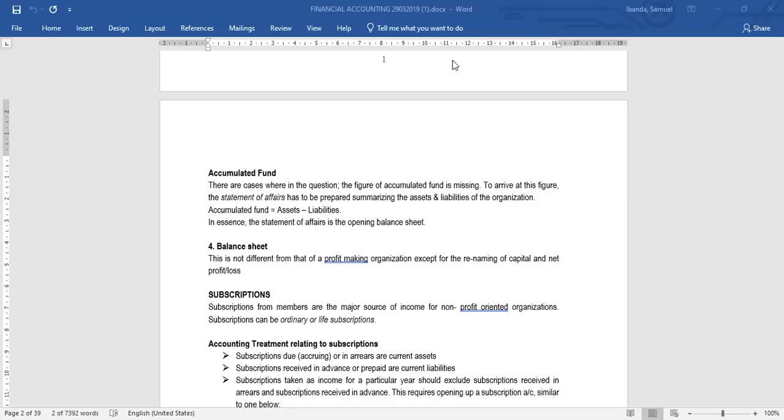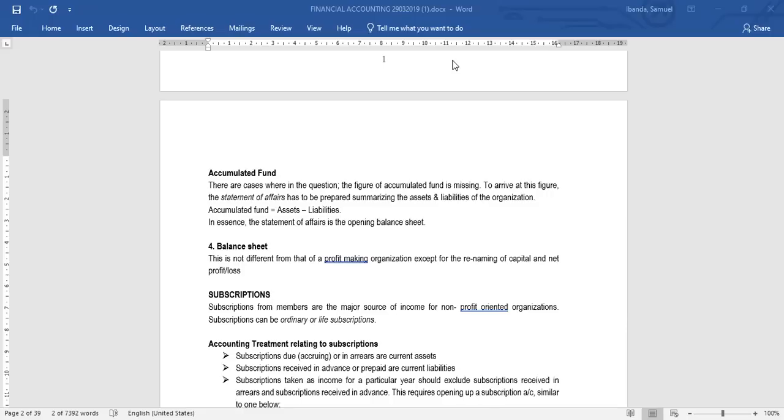Those that are annual or monthly, you can call them ordinary subscriptions, basically the subscriptions that relate to, let's say, a year. Now, life subscriptions usually take a little longer, and this could be, let's say, 10 years, okay?